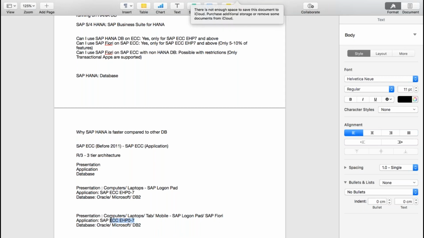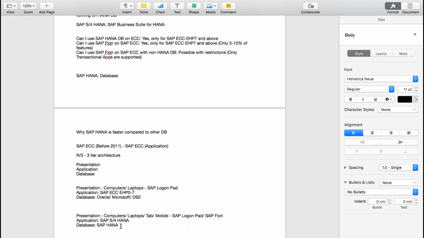The application is SAP S4HANA. And which is the database? Is Oracle or Microsoft supported? They are not supported at all. There is only one database which is supported, which is SAP HANA. That is the reason SAP is saying this is a completely new product. This is not just an upgrade. This is a completely new product because the presentation server has changed, the application has changed, and even the database is new.